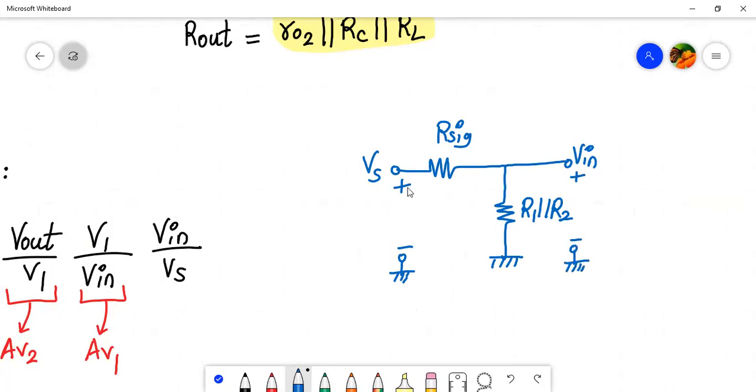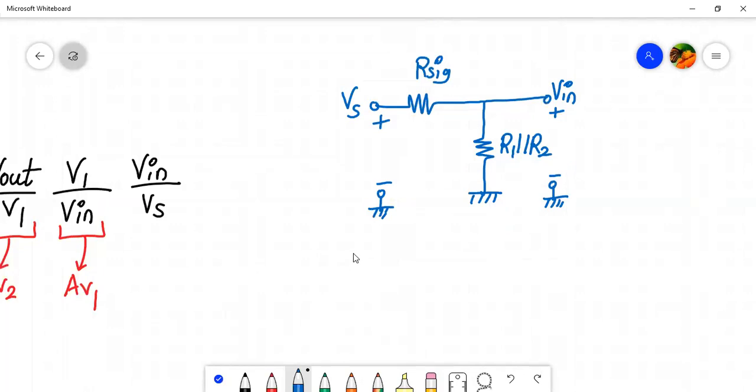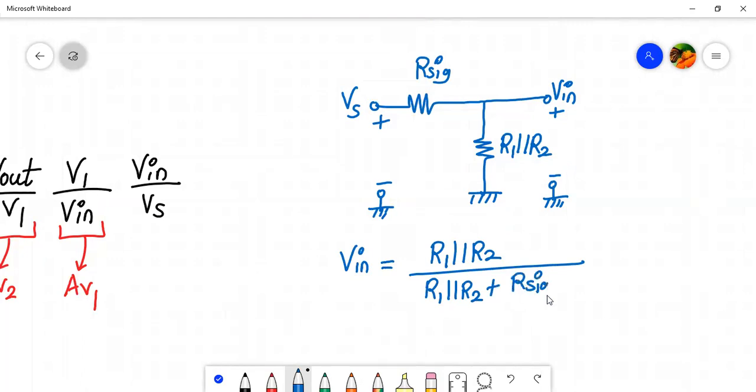Now, how can we write? We can simply apply the voltage division rule, right? So by the voltage division rule, what is the value of V in? So V in will be equal to R1 parallel to R2 divided by R1 parallel to R2 plus R sig, multiplied by Vs. Now instead of multiplying, we'll divide it. Okay.